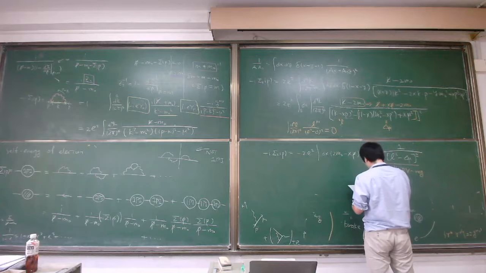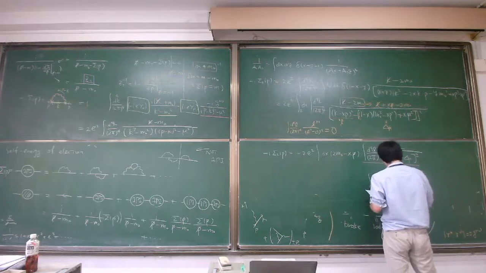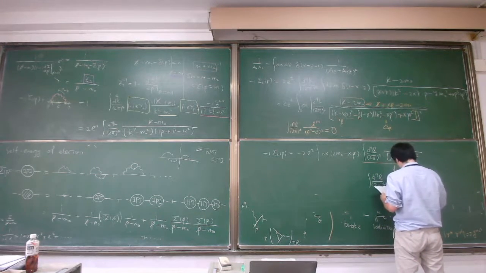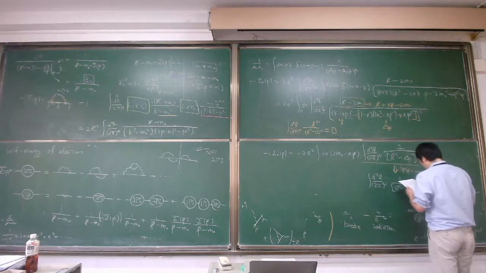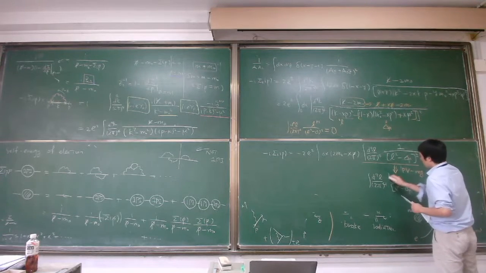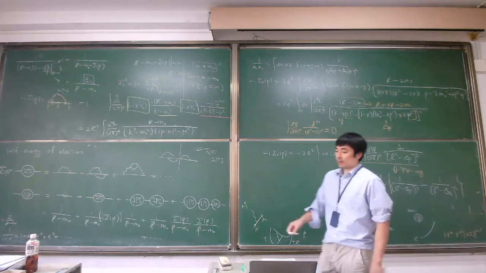This is the d⁴l over π⁴, 1 over l² minus Δμ minus 1 over l² minus Δλ². Okay, and perform the integral. So this is regularization.